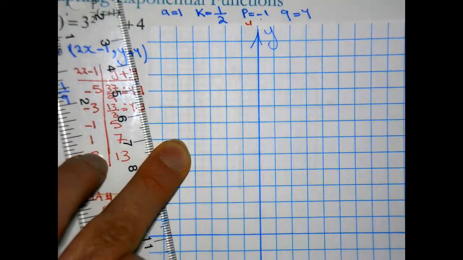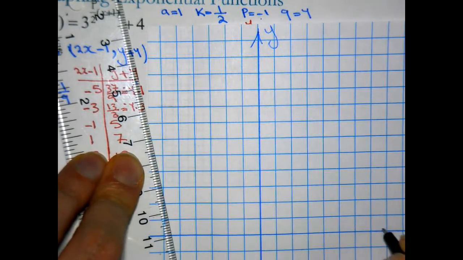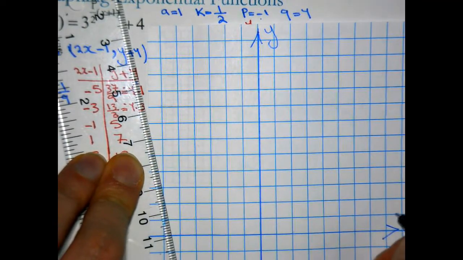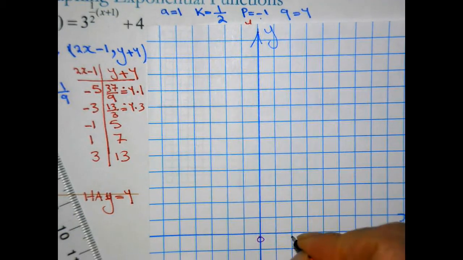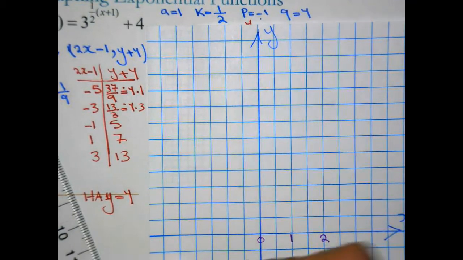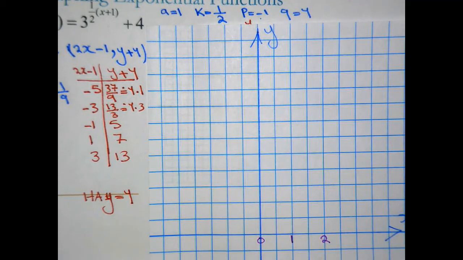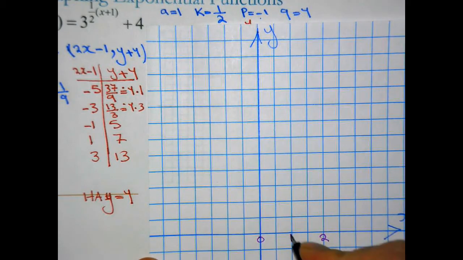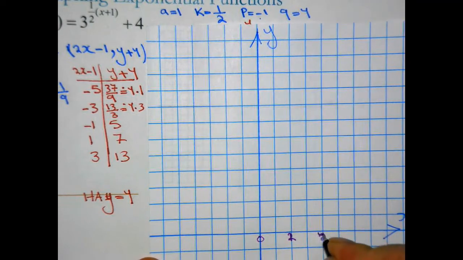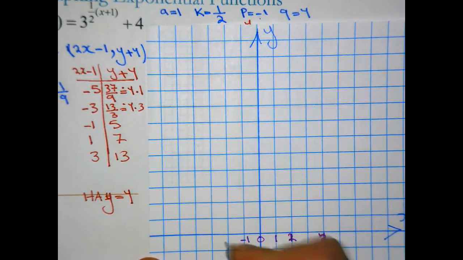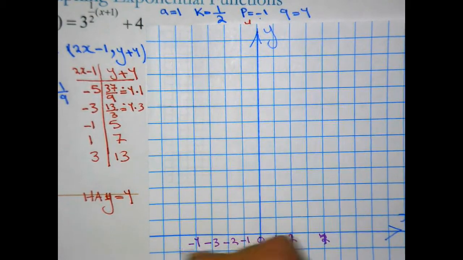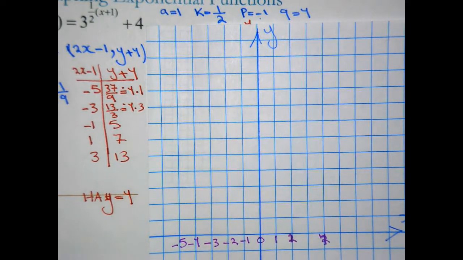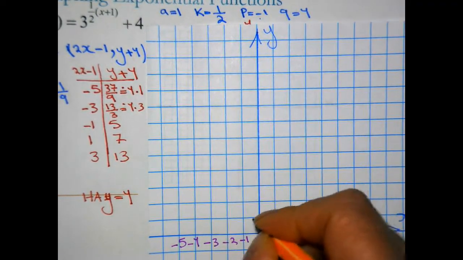So y value, x value, so 0, 1, 2, 2, 4, 1, -1, -2, -3, -4, -5, and then here I'm going to go up by 2.